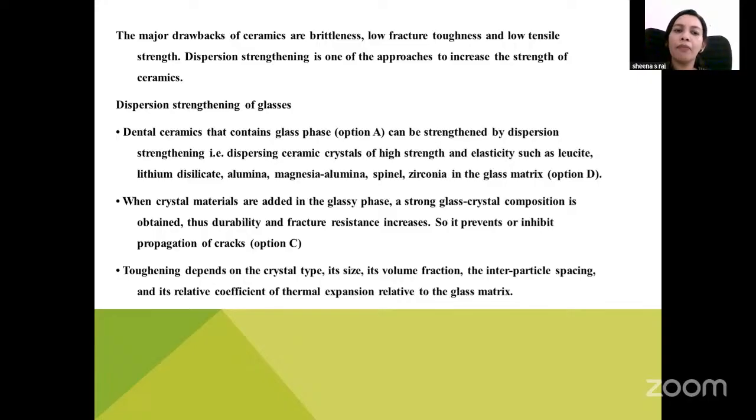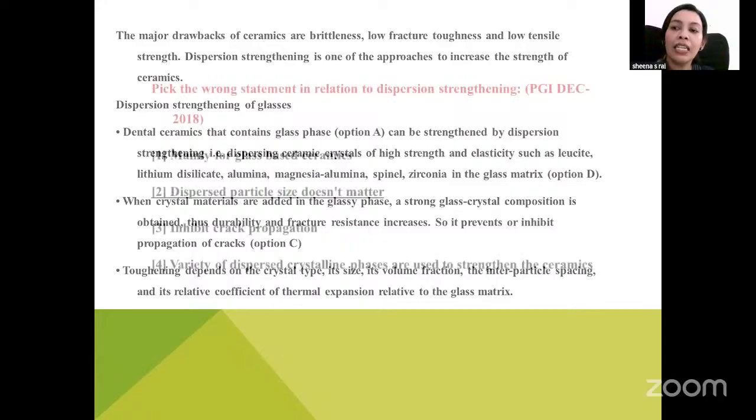It means glass phases will be added. We do this to prevent the brittleness of the material and to increase its crack resistance and toughness.